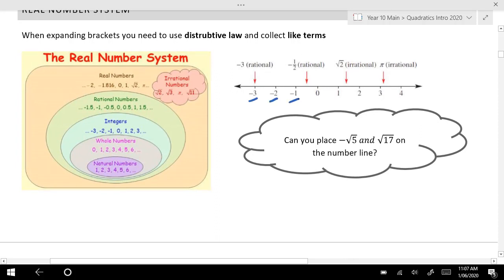The natural numbers are our positive values, and the integers include both positive and negative. But then we've got the rationals. For example, all the fractions, so you could think about 1/2 going here, and 2/3 going here, and so on and so forth. But what makes up the rest of the real number line is all of these irrational numbers.